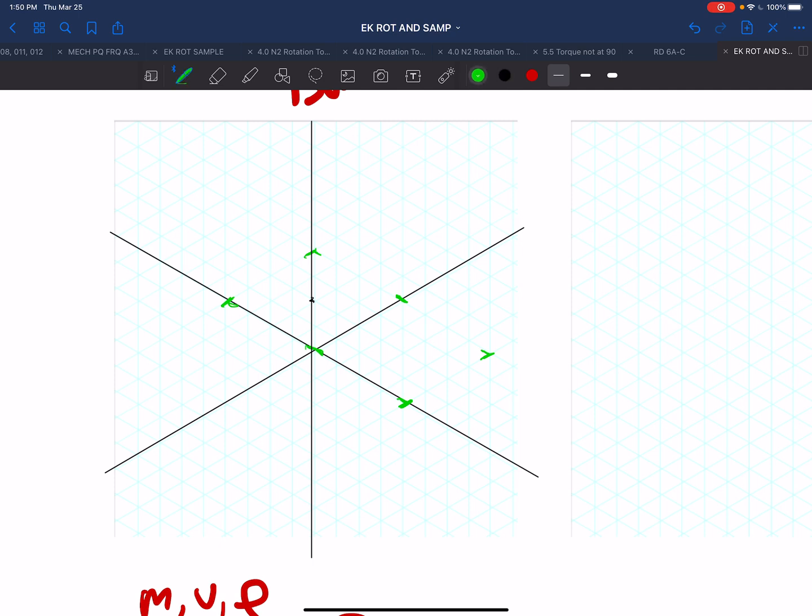The radius being 1, 1, 2, 3, 4, comes off all the way there, and comes down 1, 2, 3, 4. Like so. Now the cross section, the circle, would go from there to there, and it would go from there to there, and up like this, and around like so.